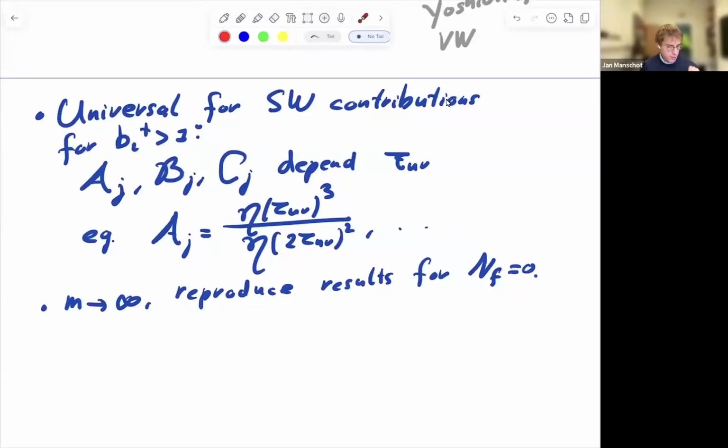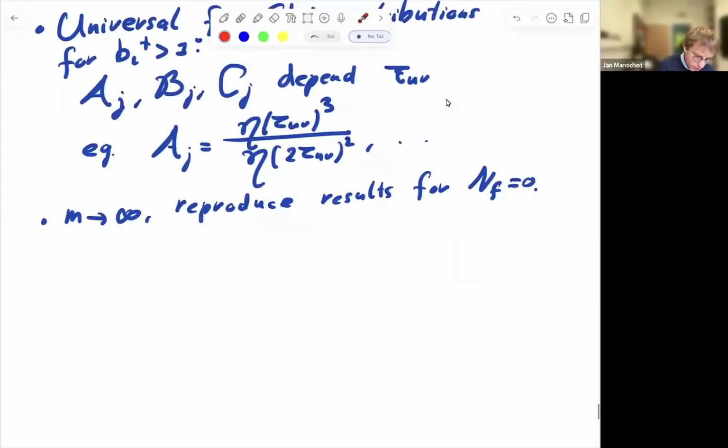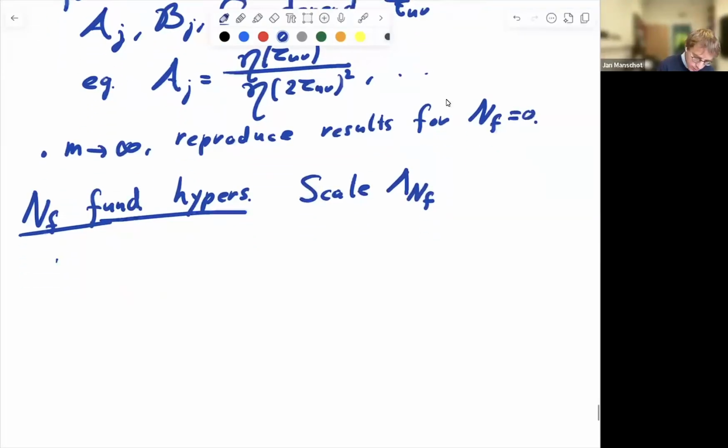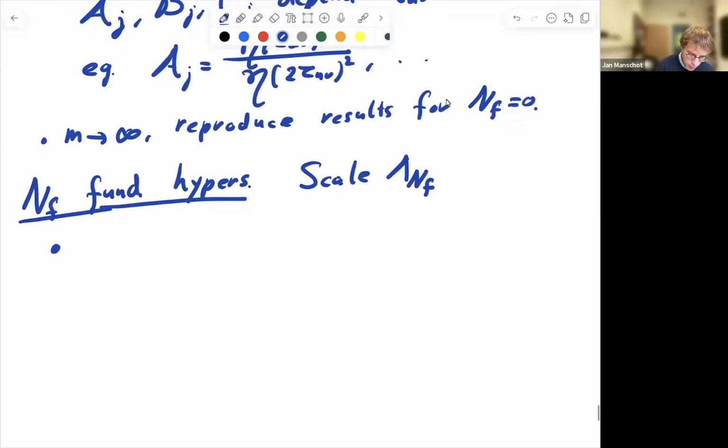I want to continue with describing some results for fundamental hypers. In this case, we have a scale which I want to distinguish between the different theories, so I give it a subscript N_f. These are also quite intricate to study. One comment is that the fundamental domains are not as straightforward as we have seen so far.